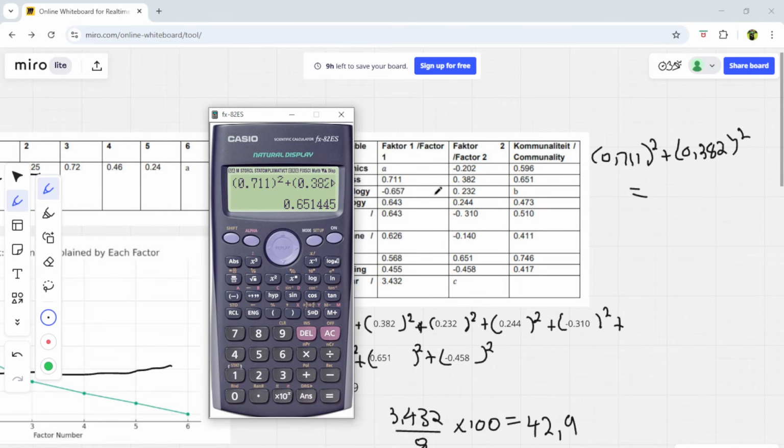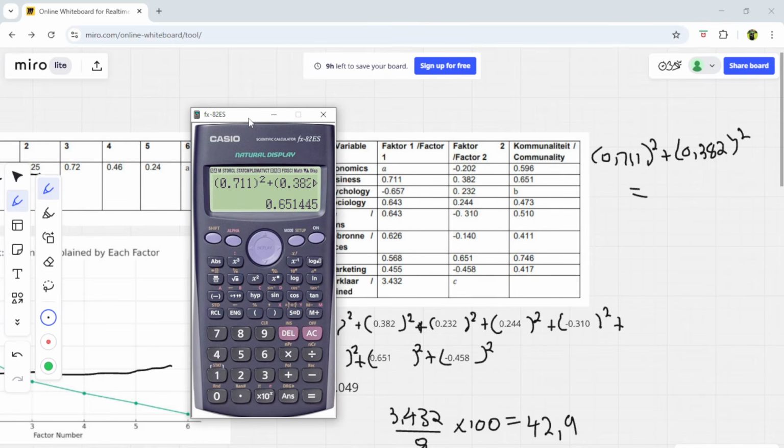So let's say they wanted you to calculate the one for psychology.